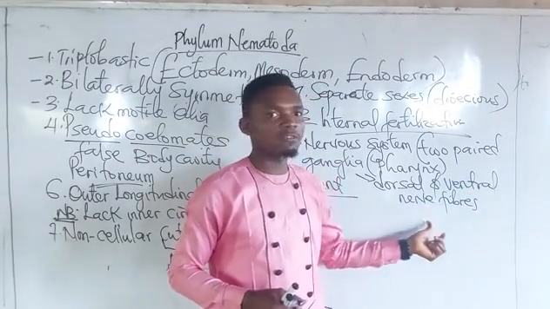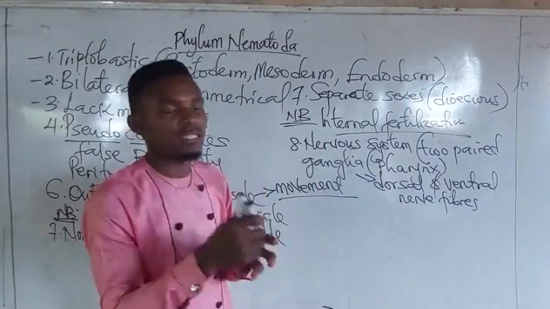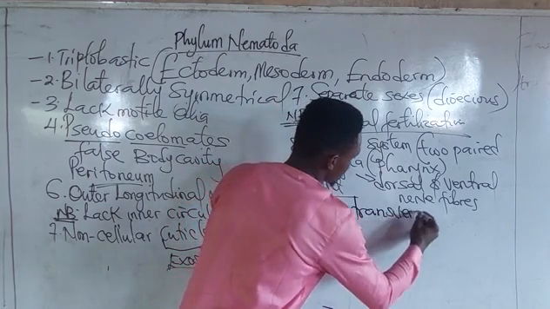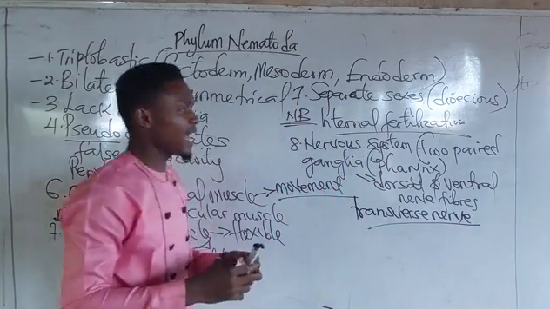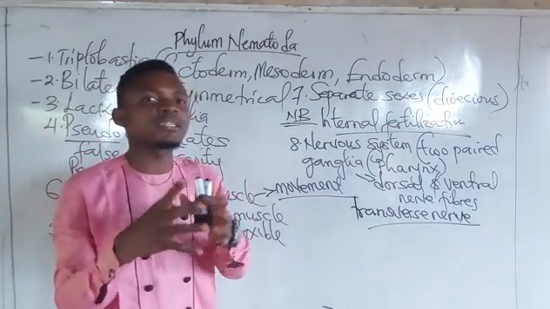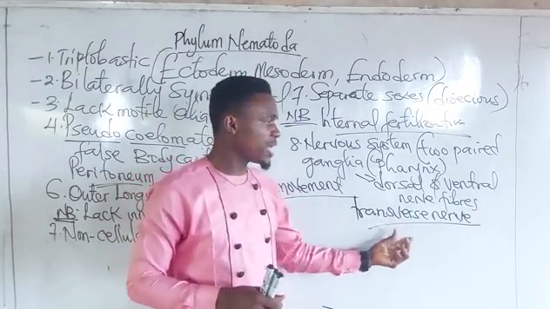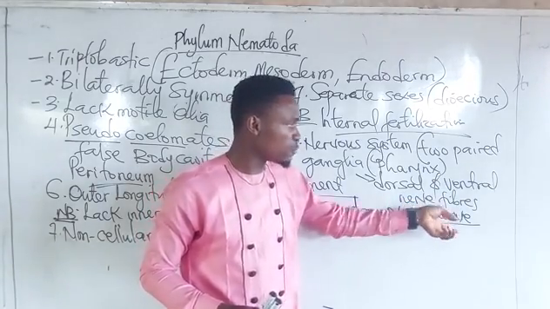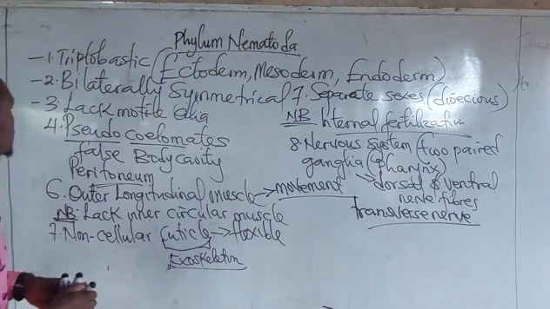Ventral nerve fibers. However, these fibers are interconnected by a nerve called the transverse nerve. So the transverse nerve connects the dorsal nerve with that of what? The ventral nerve. Take note of that, all right?